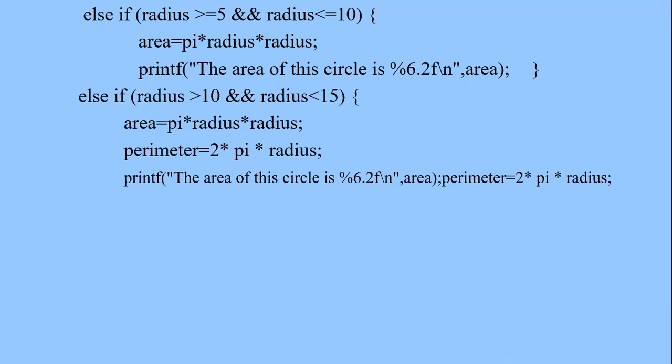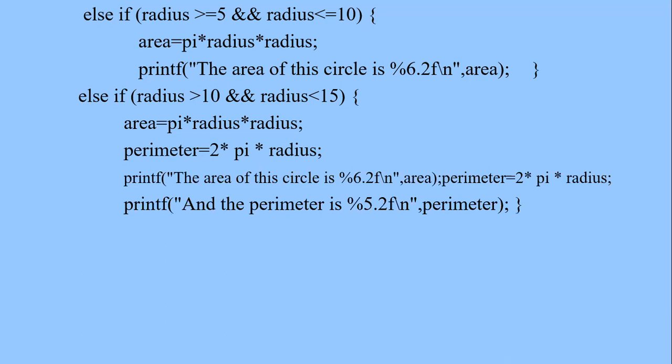Then perimeter. Pick the content of memory location called perimeter and display it on the screen.